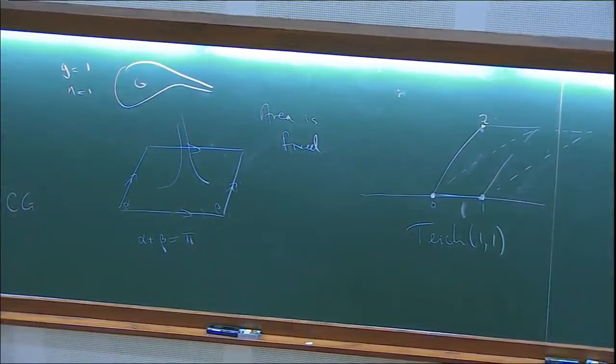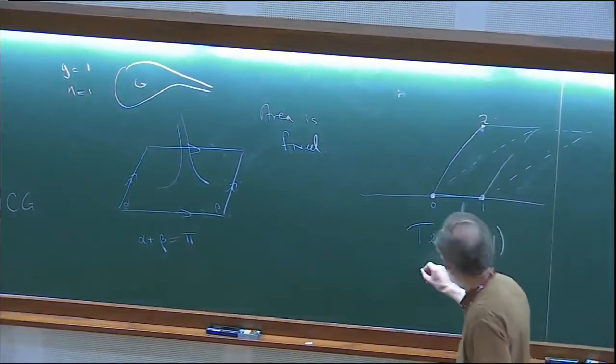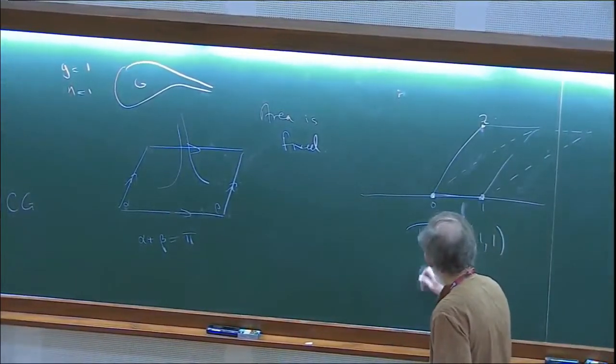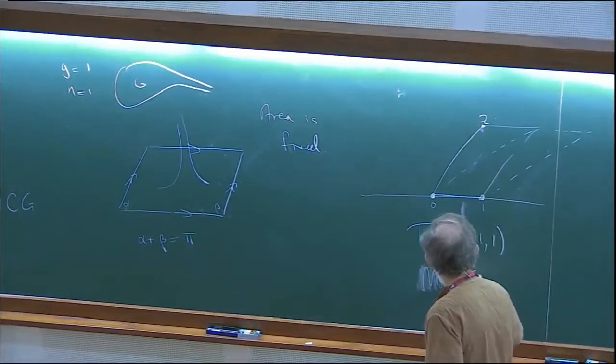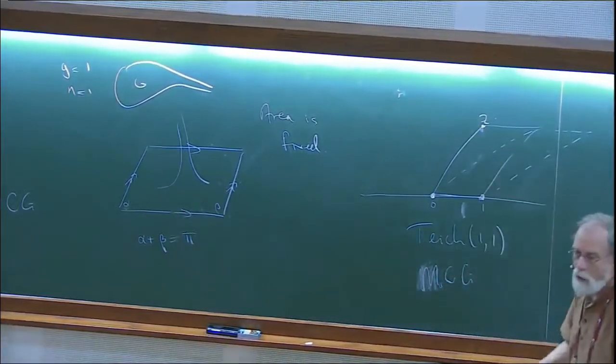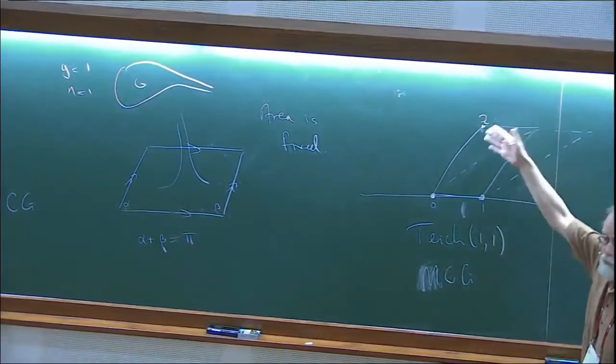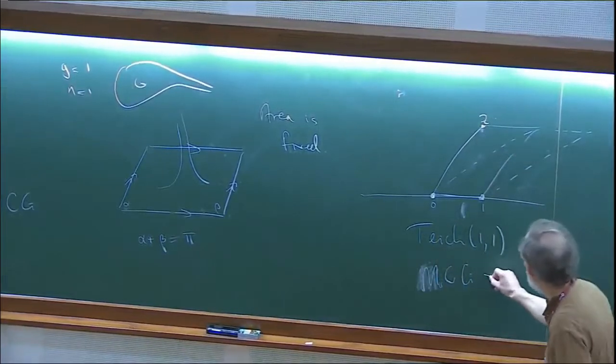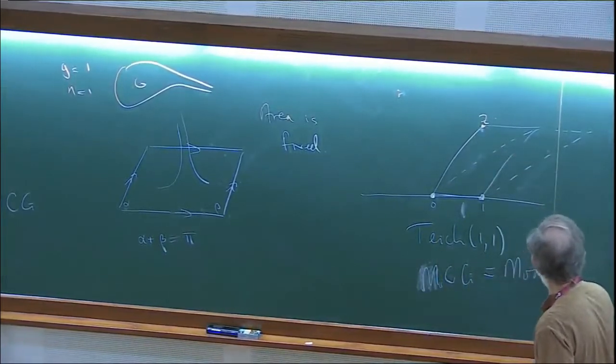So the moduli space, well, the mapping class group in this case, is going to be the group that maps the lattice into itself. So this is the modular group.